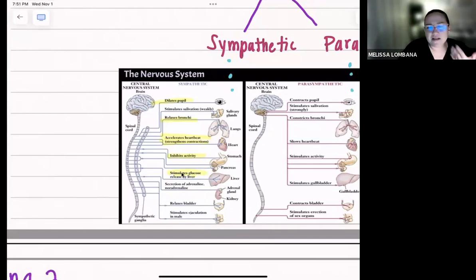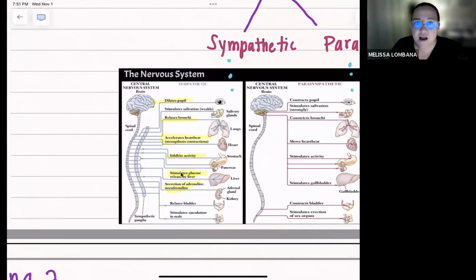So those are really the main ones you need to know: hormones and chemicals are being released, your glucose level increases, your digestion slows down, your heart rate increases, and your lungs start expanding so that you can get in air. Basically, it's great if we want to survive.